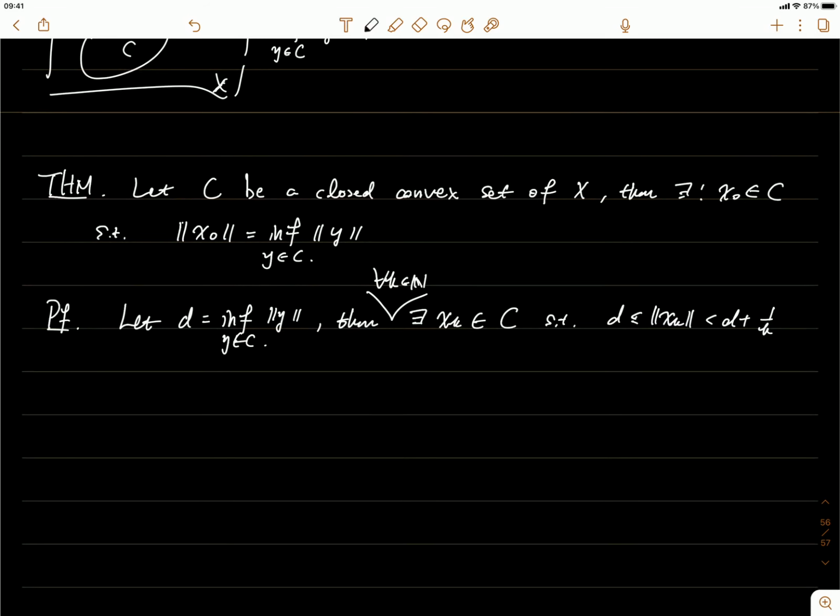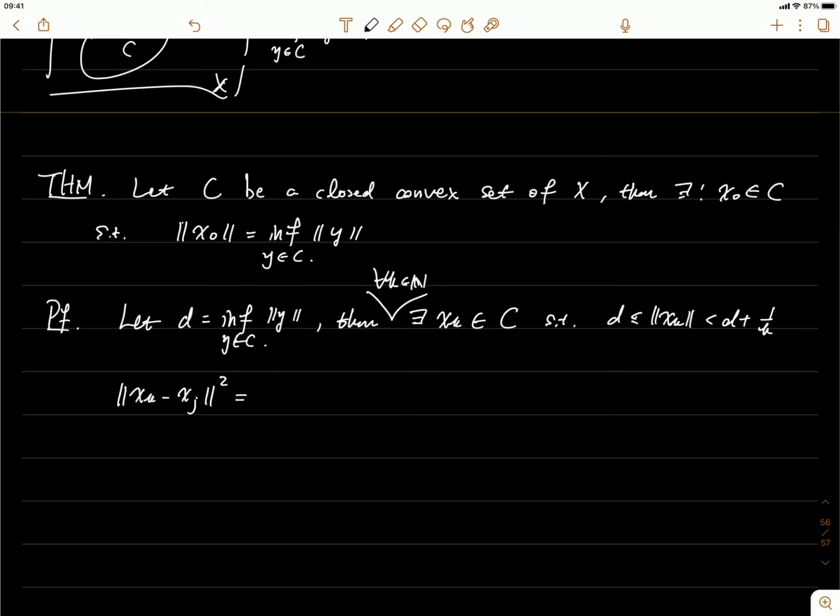Okay, now I'm going to show that this xk forms a Cauchy sequence. To show that, let's look at xk and xj. So the norm of xk minus xj squared.